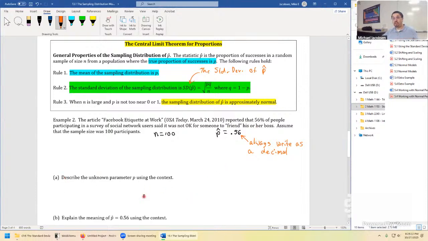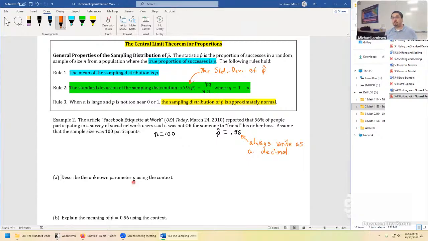Now, next is part A. Part A turns out to be one of the trickiest parts of this entire thing that we're going to be doing in chapter 13, 14, and 15. Describing an unknown parameter actually isn't easy. We're doing two things at the same exact time. And whether it's categorical data dealing with P or quantitative data dealing with mu, gives you a different process, a different way of dealing with it.